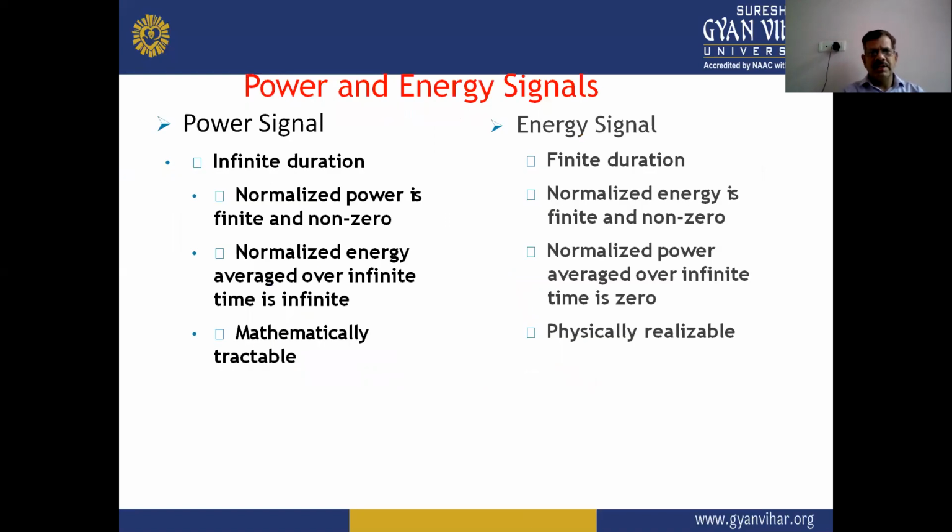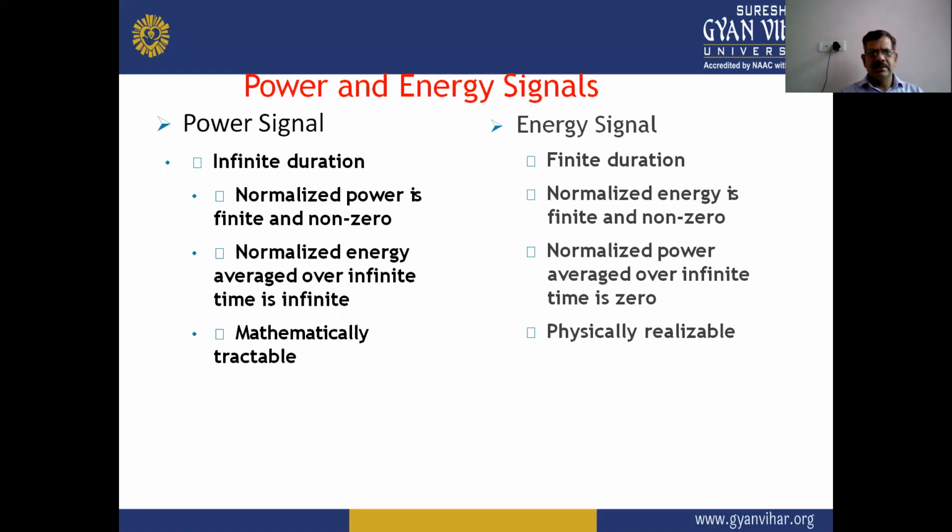Power and energy signals. Power signals have infinite duration. Normalized power is finite and non-zero, while normalized energy averaged over infinite time is infinite. A power signal is mathematically describable.